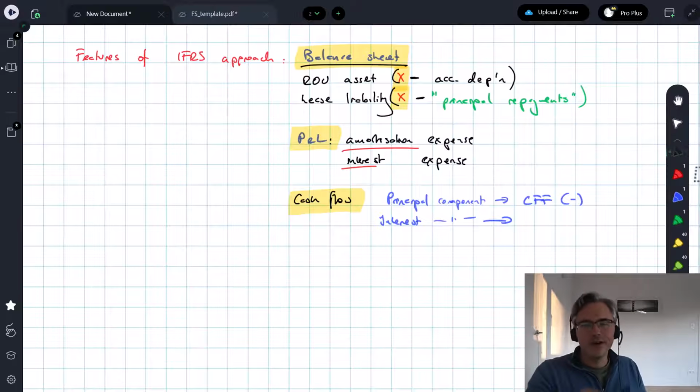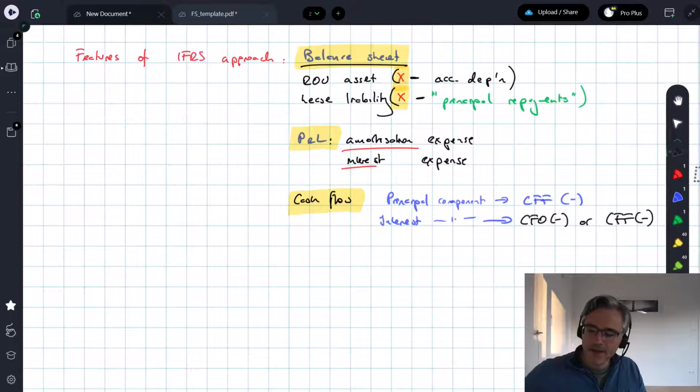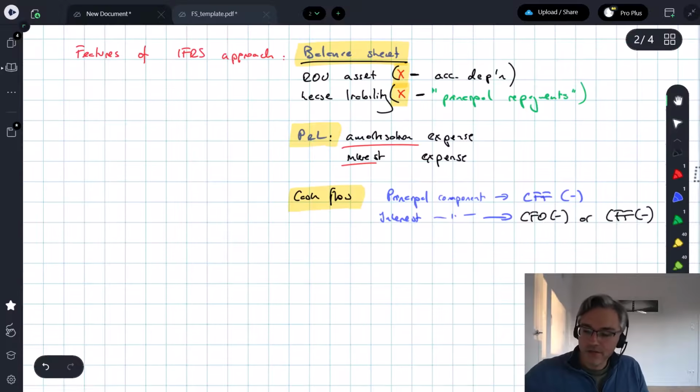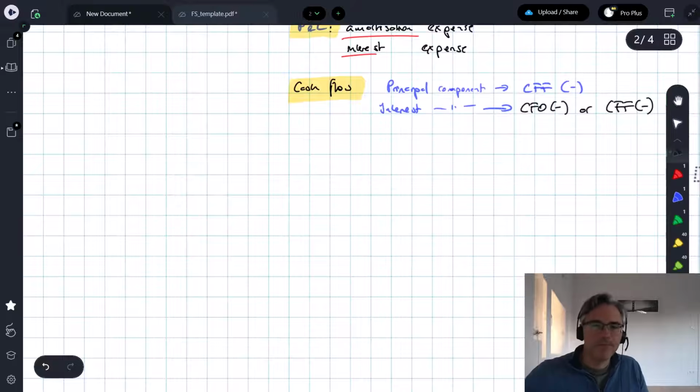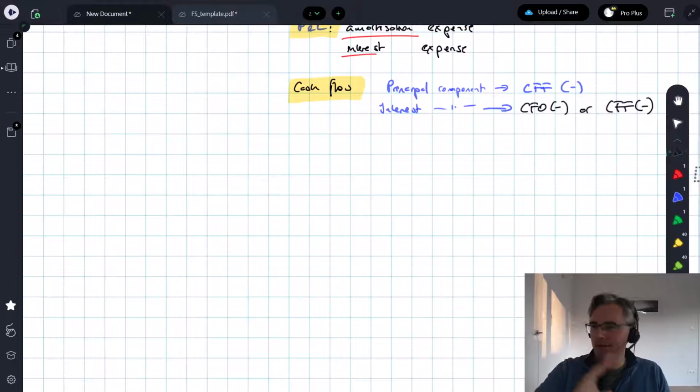You can account for it either within CFO, cash from operating activities, or within cash from financing activities. It's up to the company to decide, depending on the accounting policy choices made by the company. Okay, I think this should give you enough confidence, maybe you need to rewatch it, to answer questions on this topic. Now, let's move to the second one, that's US GAAP.